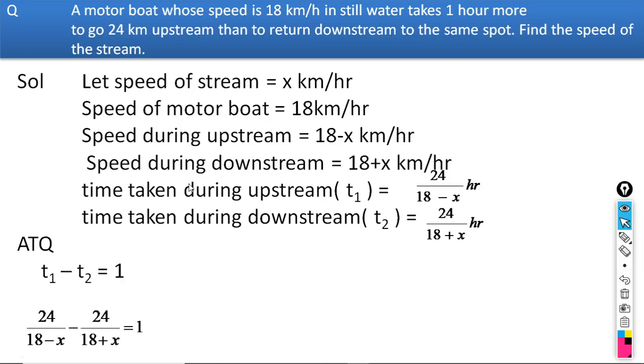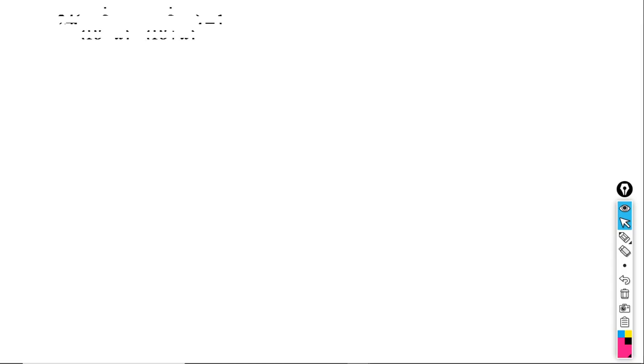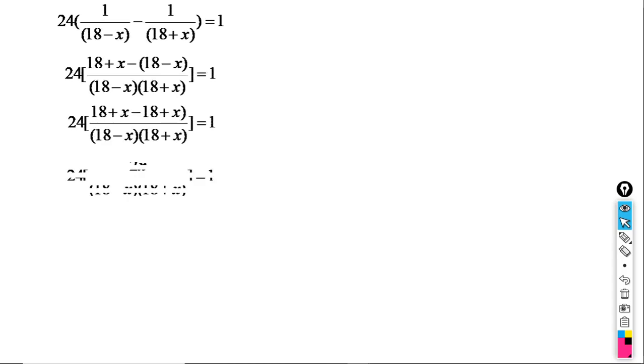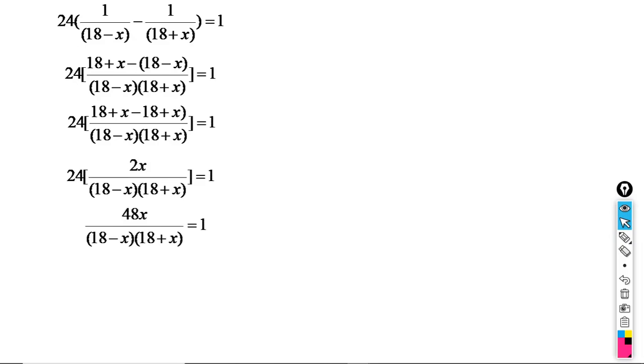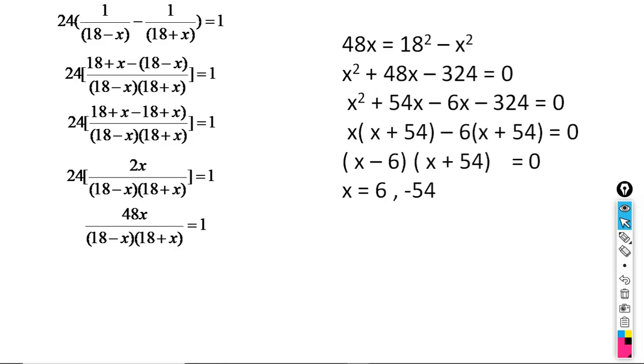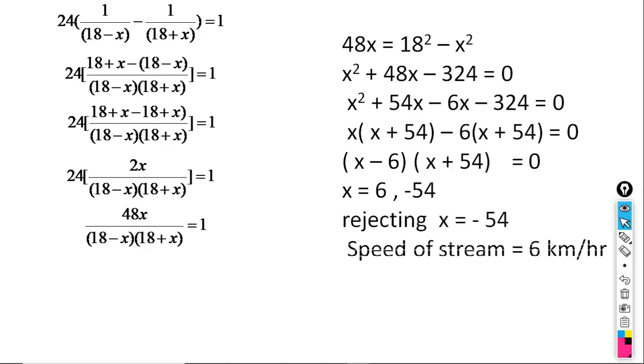By substituting the values of T1 and T2, taking 24 common, and simplifying, we get a quadratic equation: 48x is equal to 18 square minus x square, or x square plus 48x minus 324 is 0. Getting the possible factors, the value of x is 6 and minus 54. Rejecting minus 54, the speed of the stream comes to be 6 km per hour.